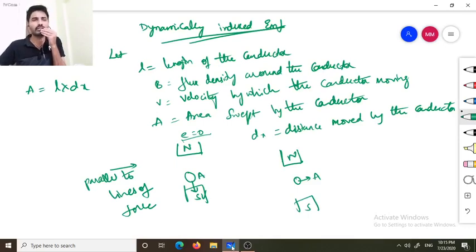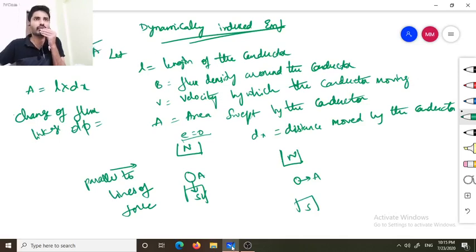Suppose the rate of change of flux is what we want. The change of flux, that means the flux linkage, is d phi. As we know, flux density is flux by area.